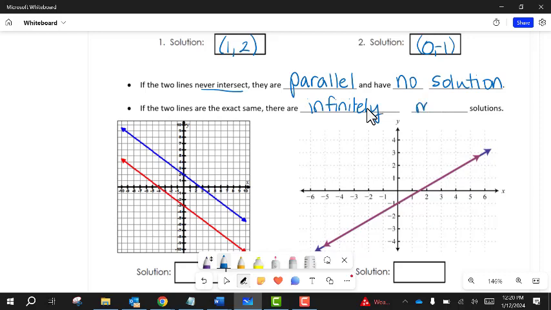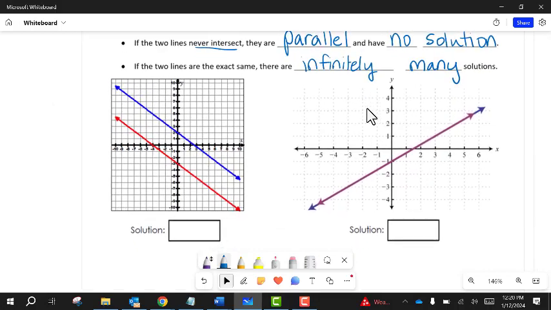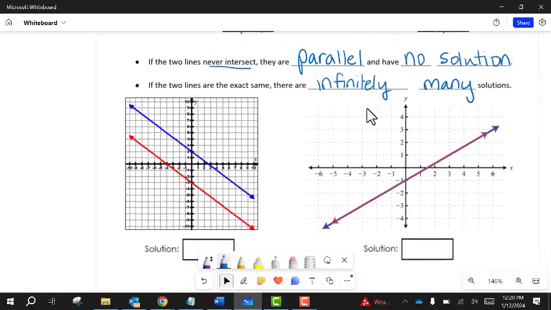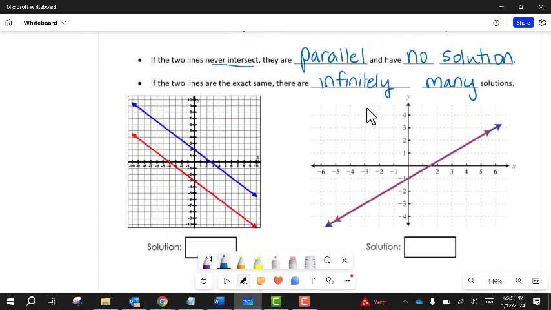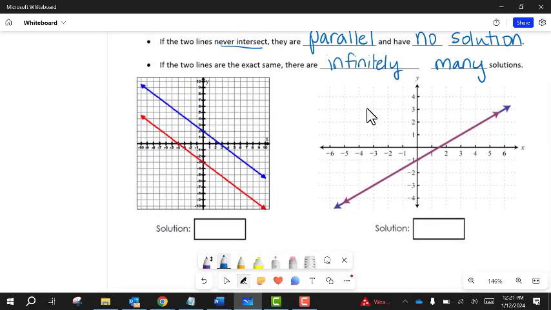If the two lines are the exact same, there are infinitely many solutions. This means that the lines are overlapping and they go on forever and ever, so any point on the line is a solution.